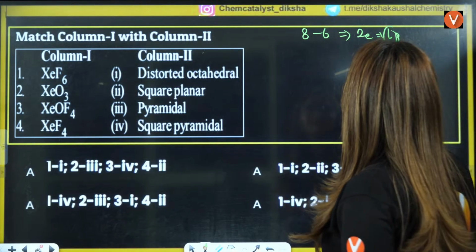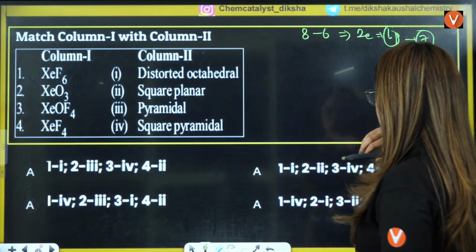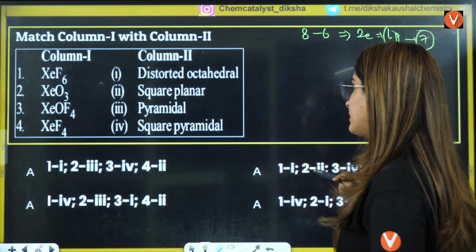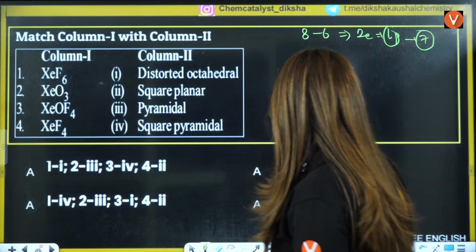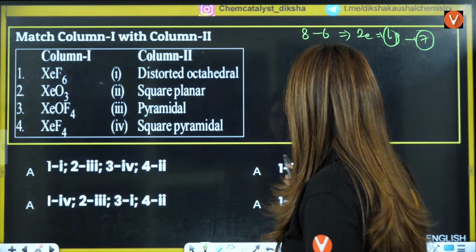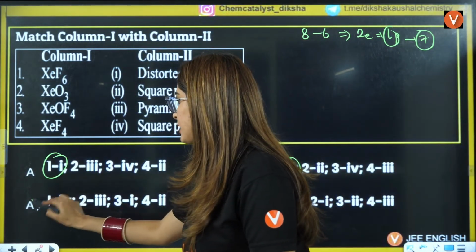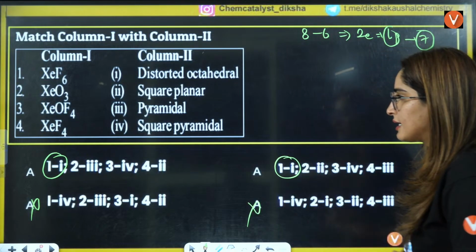So it will be sp3d2 distorted octahedral. So 1 will be 1, which is present here and here. So these two are already eliminated.